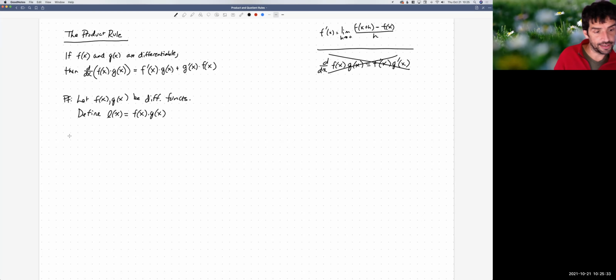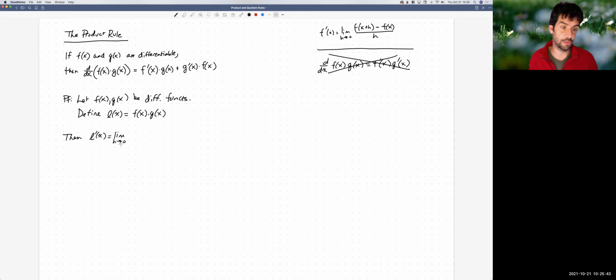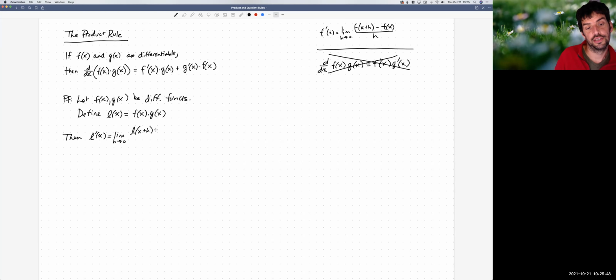All right, then L prime of x is equal to, and we're going to start as we always do with the definition, the limit as h goes to 0 of L of x plus h minus L of x all over h.